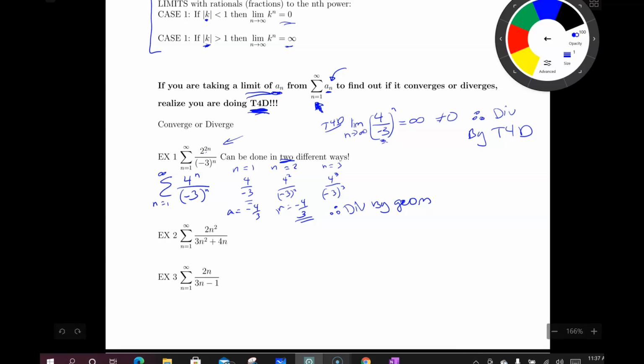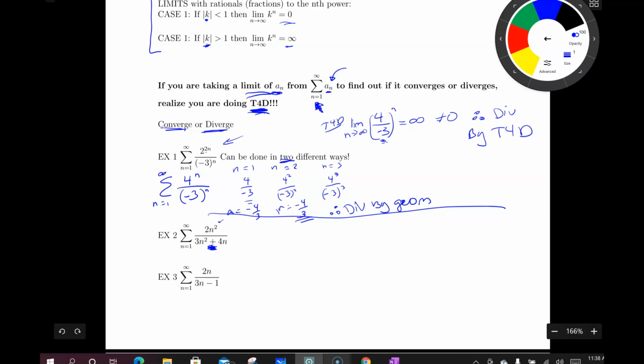All right, so this one you cannot split up, right? Other times you've split up fractions, but that's always with addition or subtraction in the numerator, not the denominator. So there's nothing you can do to split this up to use p-test on. What to do? Doesn't factor to be partial fractions to go find the sum. Plus, it doesn't even say find the sum. It just says converge or diverge.